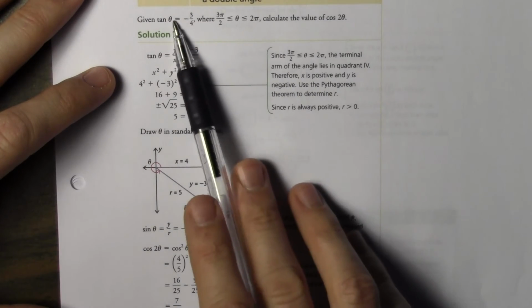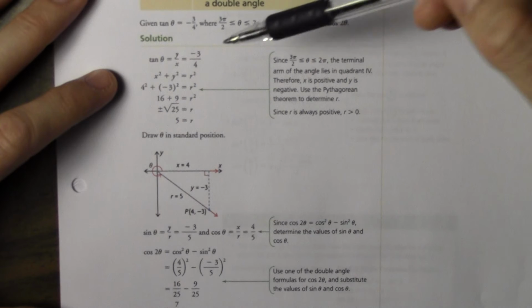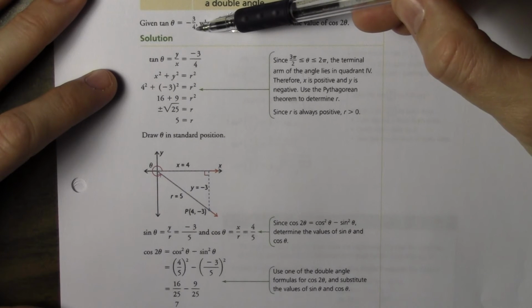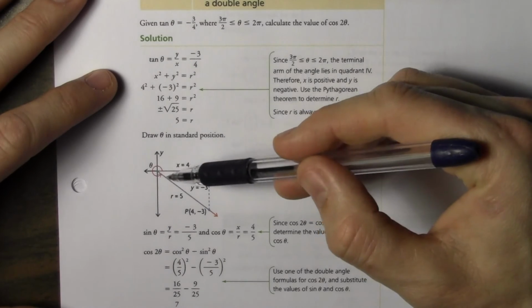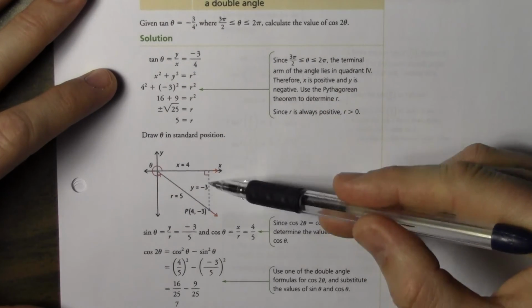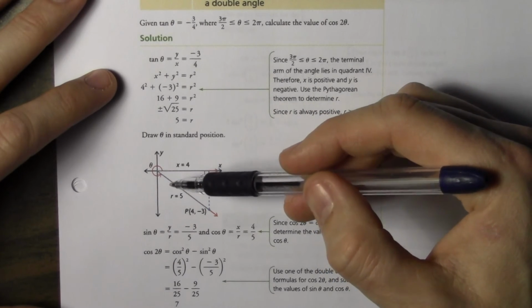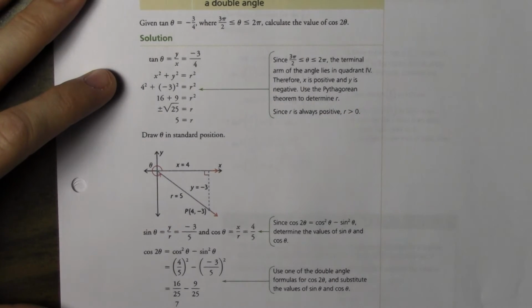We're in the fourth quadrant, and tan is negative 3 over 4. We have to understand that negative 3 is the opposite side, and 4 is the adjacent side. So when I go to draw it, I know this value here is negative 3, and this value here is 4. Any questions about that and how that was drawn?